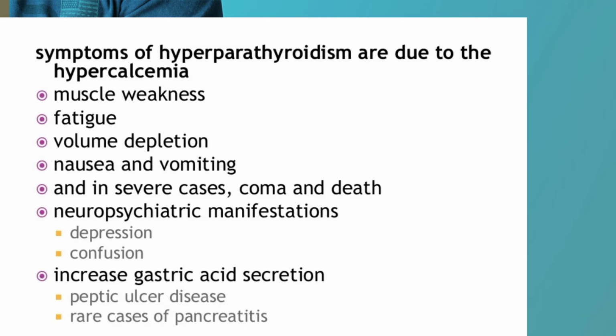In severe cases, it might result in coma, and there is also evidence of neuropsychiatric manifestations such as confusion and depression. There is also an increase in gastric acid secretion, predisposing one to peptic ulcer disease and pancreatitis.